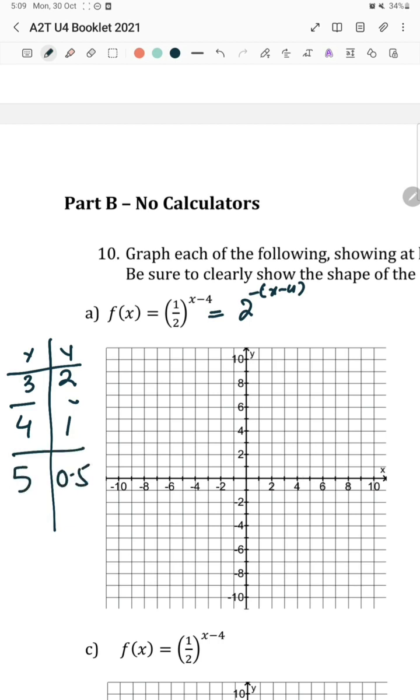So when x is 3, it's 2. When x is 4, it's 1. When x is 5, it's 0.5, like this. So the graph is moving in this way.